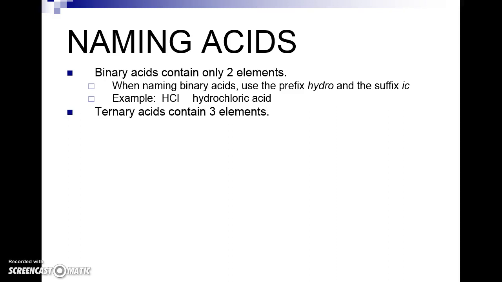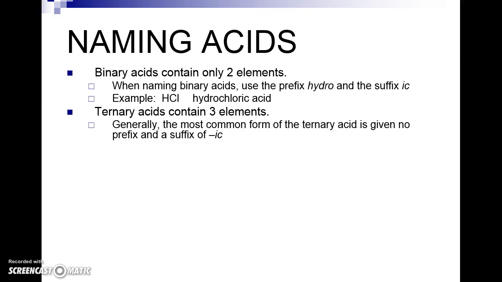Our ternary acids contain three elements, and this is where that oxygen comes into play. We sort of broke it down into two simpler groups, although this slide will break it into four. It doesn't make it any more difficult. The most common form of the ternary acid is given no prefix and the suffix of ic. So something like HClO3, and we learned that it's the ate, the most common form, so the ate becomes ic.